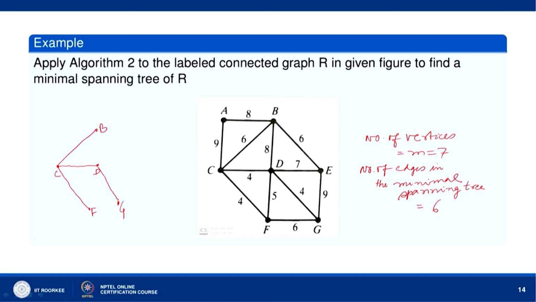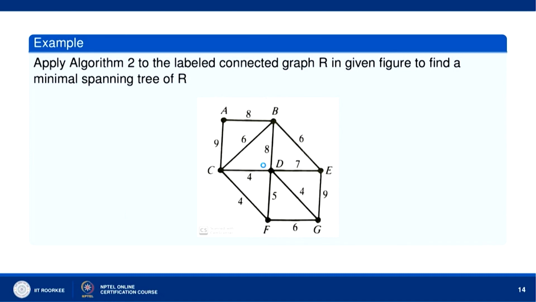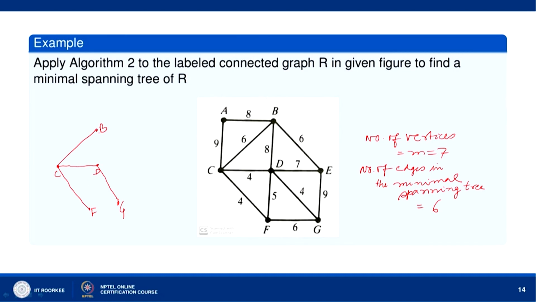This is BC, it can be added. Now, 4 edges we have drawn, 2 more are to be added. We have added BC, then BE. Shall we add BE? This is B. We can add BE.